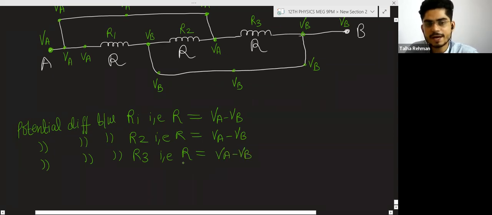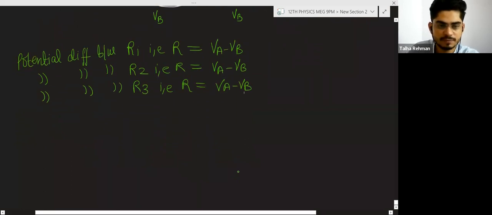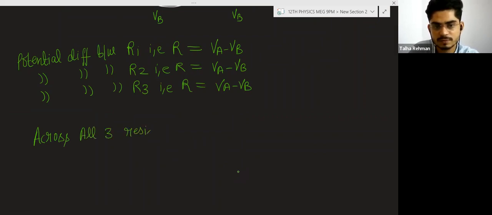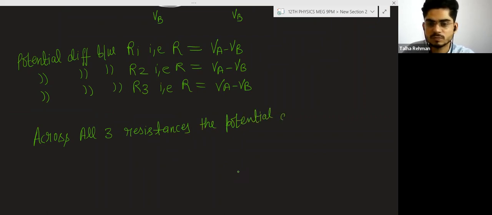So see, across all three resistances, the potential difference is the same.